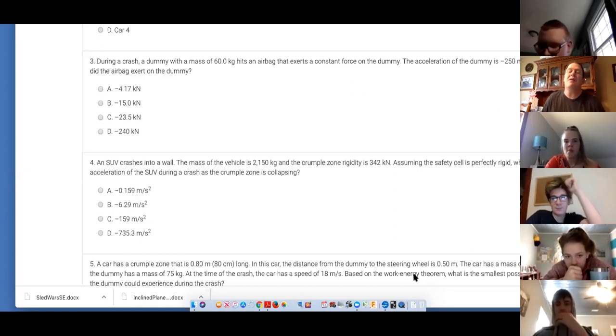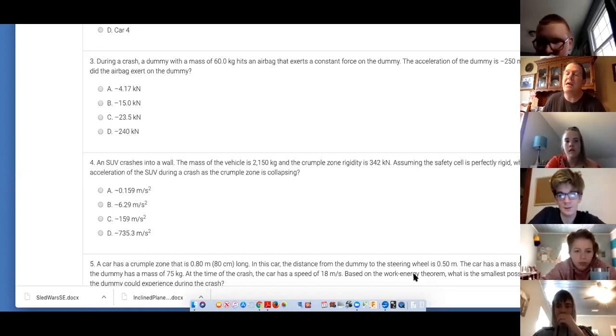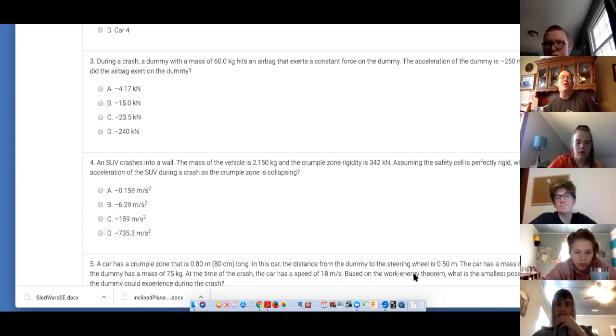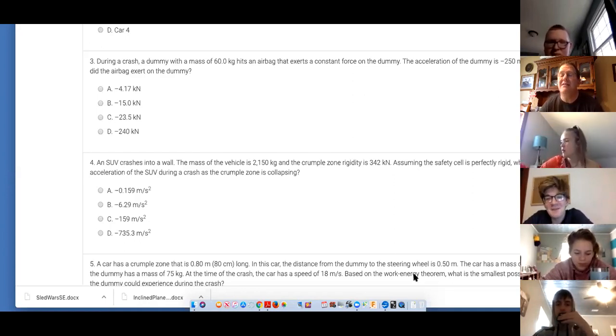So 60 kilograms times negative 250 meters per second squared. Now don't freak out when your calculator gives you an answer that's nowhere close to one of those four choices.